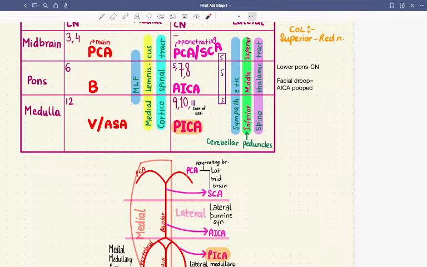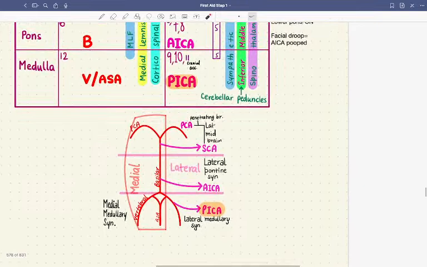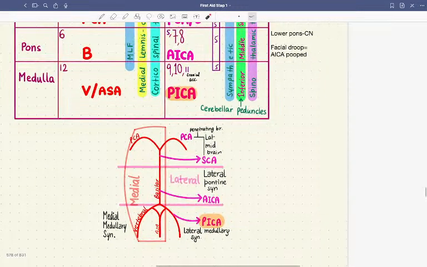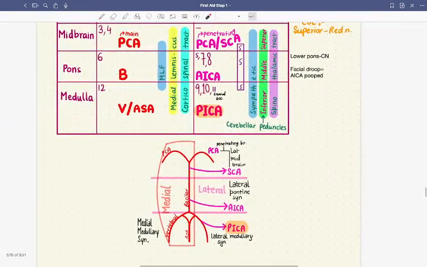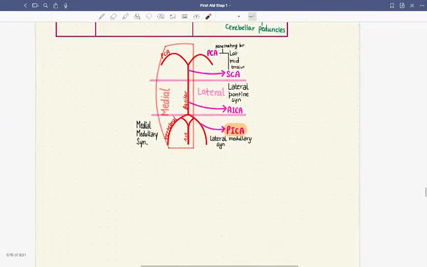AICA was lateral pontine syndrome, and lateral medullary syndrome is going to be PICA because it is a branch. Then medial medullary syndrome is what? ASA or vertebral artery. So at least these four brainstem syndromes are done, genuinely done, kind of.